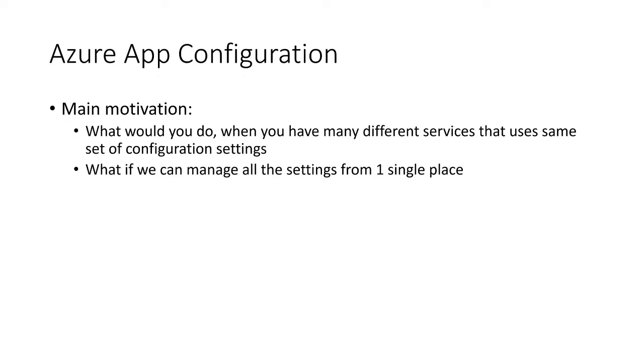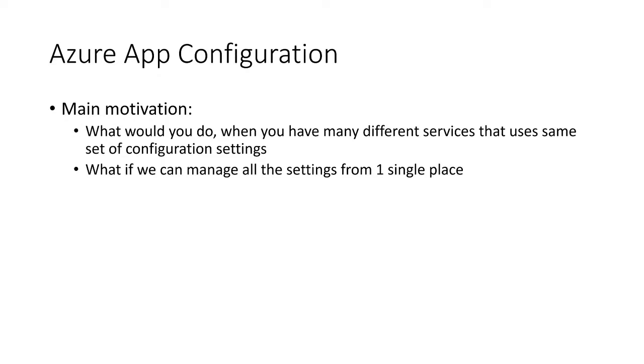If you have one application, it's completely fine. But let's say you have microservices and many different services. Most of the time, you might find that all your services share some specific app settings, common across your entire application.